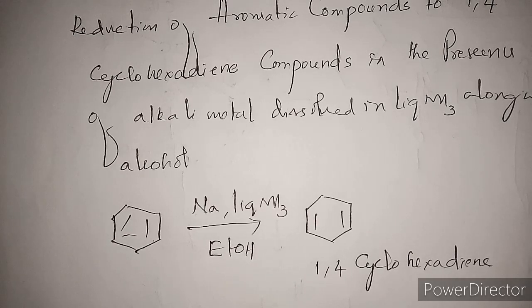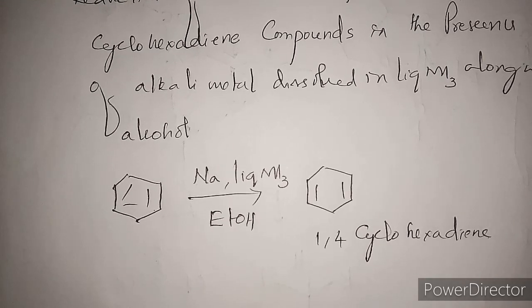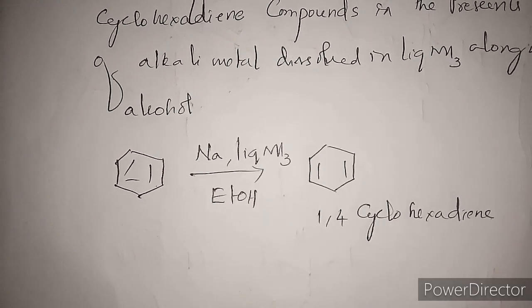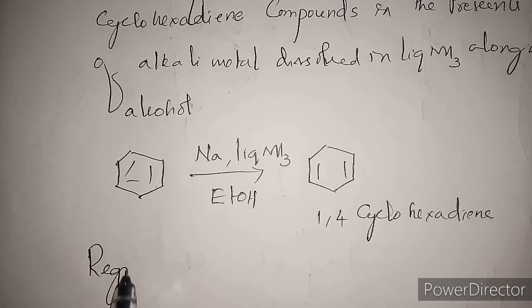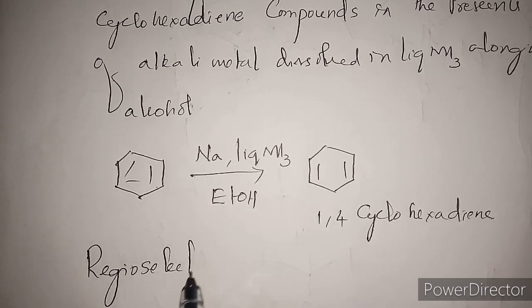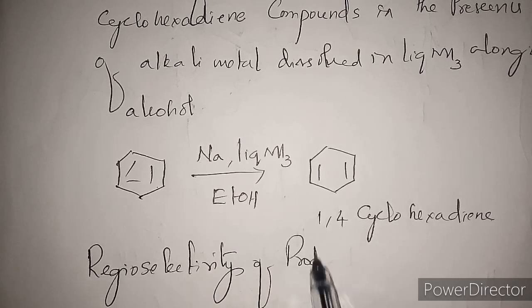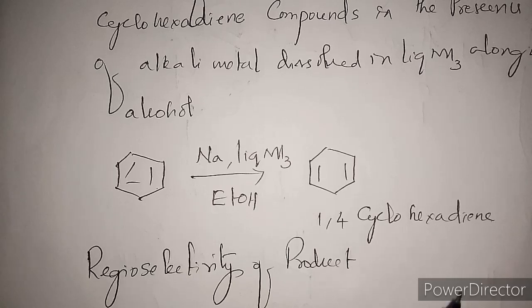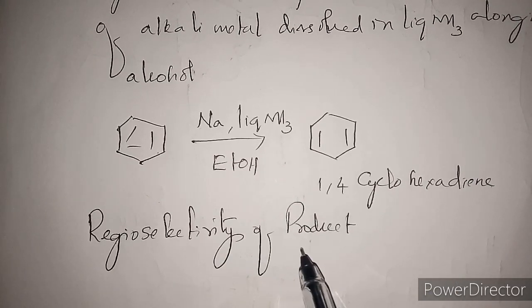So this we call it as Birch reduction. Now a very important aspect of Birch reduction is the regioselectivity of the reduction, where the reduction will be undergoing. The regioselectivity of the product depends upon the nature of the substituent present on the aromatic compound.